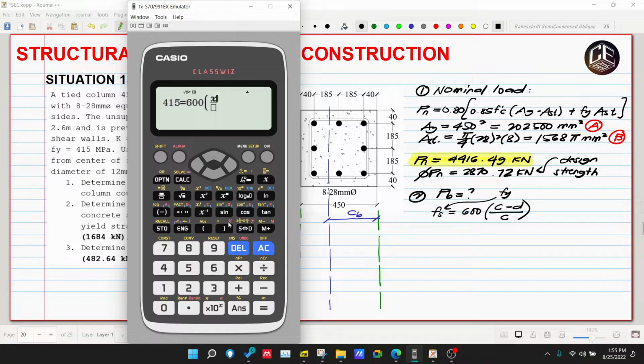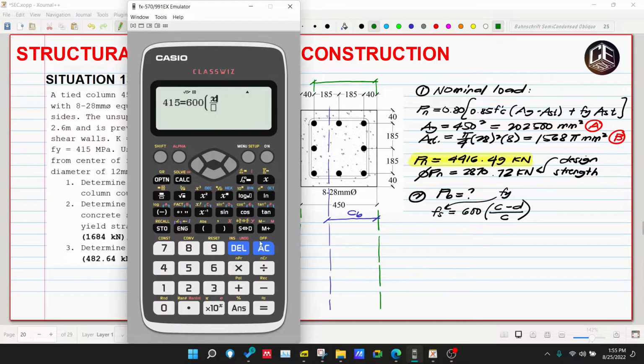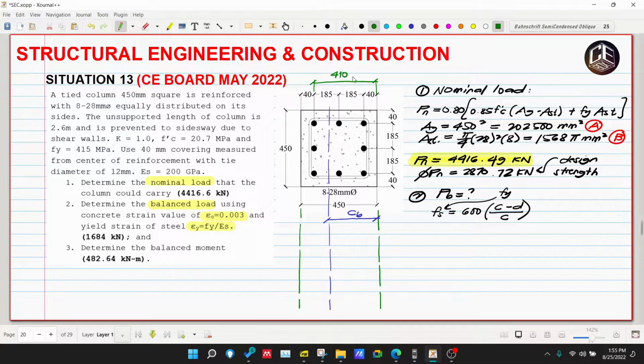Then, equivalent to 600 multiplied by C. Yun yung pinapahanap natin. Tapos, solve rin pala natin yung D, no? Let's say dito yung ating compression side. So, mahanap natin yung ating D or effective depth ng ating column. That is 185 multiplied by 2 plus 40. So, 410 millimeters.